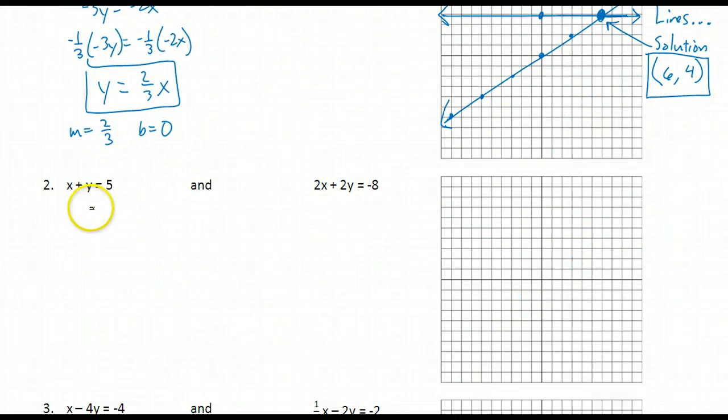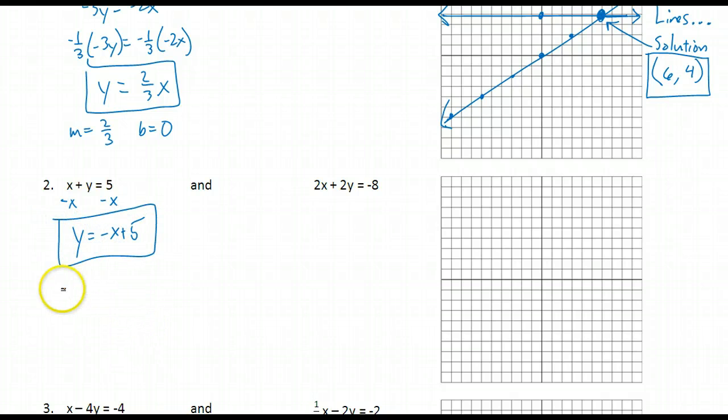In the second example, again I have a system, 2 equations, both with an x and a y in them. To solve this system, I'm going to graph both lines by solving for y. So the slope of my first line is -1, and my y-intercept is 5.